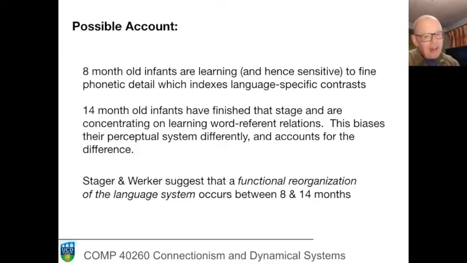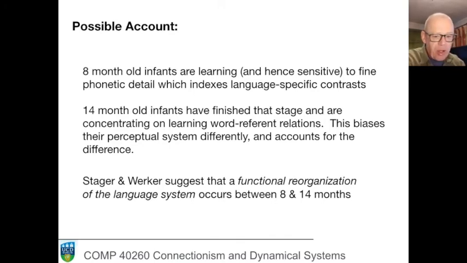You could design an infinity of such tests. And every time someone does and they document such a distinction, there are claims like this made, that there's a functional reorganization of the language system. This kind of explanation is a red rag to connectionist researchers.